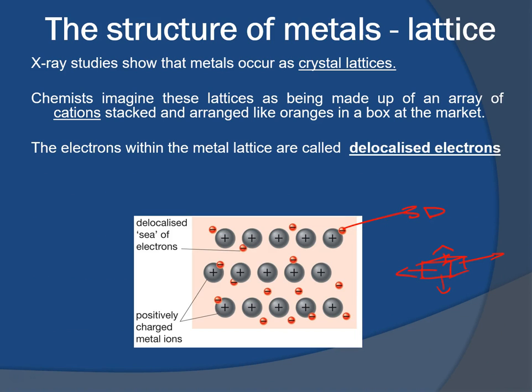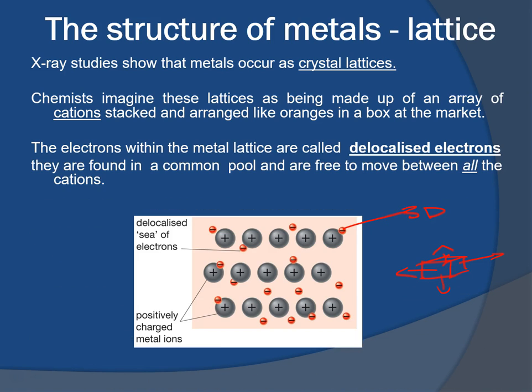Okay, so the model of the metallic bonding that we want to understand is that we have metal cations. Okay, so this is our metal atoms, and they have donated their valence electrons out into this delocalized sea.